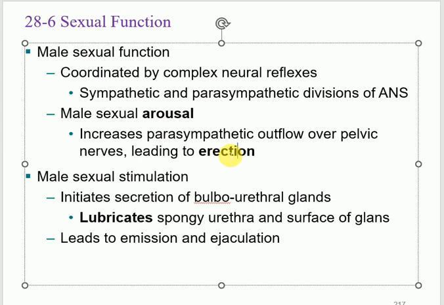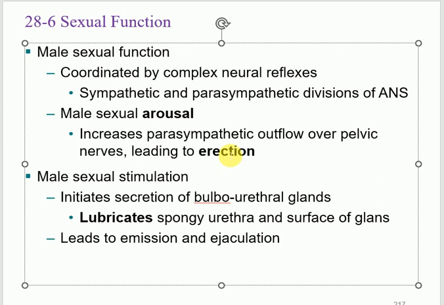Parasympathetic leads to nitric oxide. Nitric oxide is a vasodilator. The arteries dilate. More blood goes inside the penis, inside the erectile tissues specifically, and the veins are constricted. So the blood is trapped inside the penis, and the penis becomes larger and stiffer. And this is the process of erection. And again, it's parasympathetic, nitric oxide.